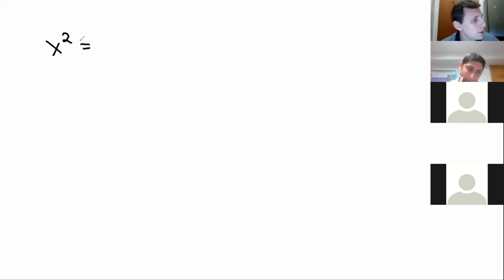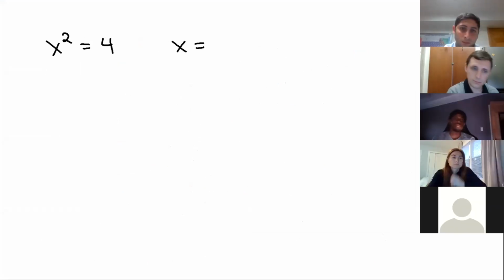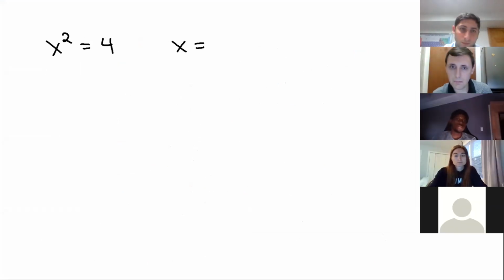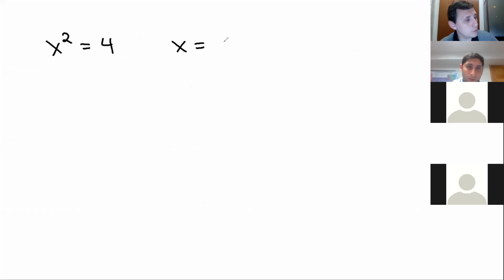x squared equal to 4. You would say x is equal to, well, 2 or minus 2 to be precise, yes? So x has two solutions. It's either 2 or it's minus 2. But if I said x squared is equal to 2, you would have written what solutions?